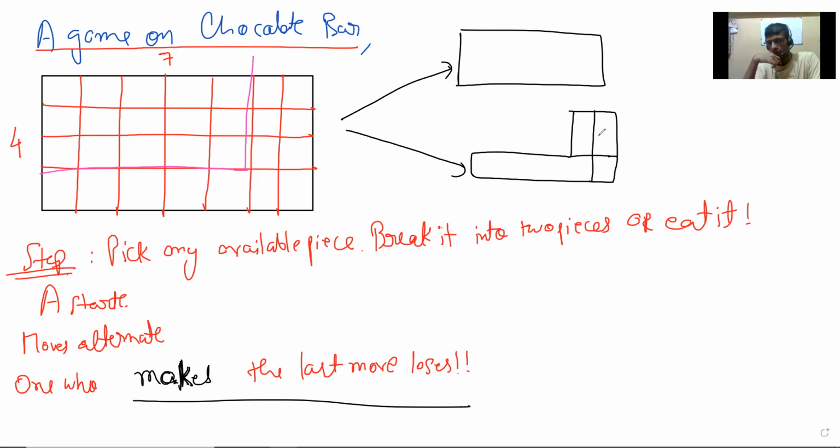But in the beginning, when he makes this move, there are two chocolate pieces, two chocolate bars.